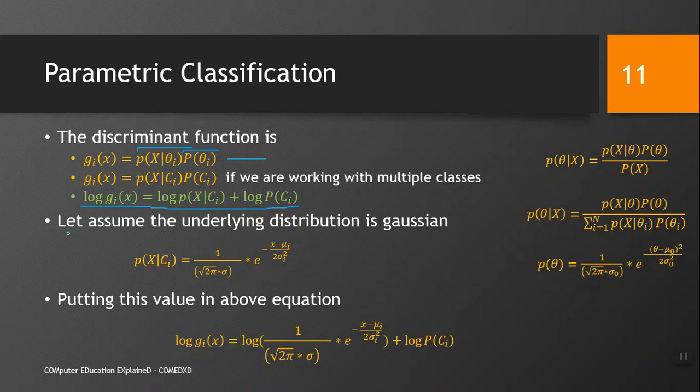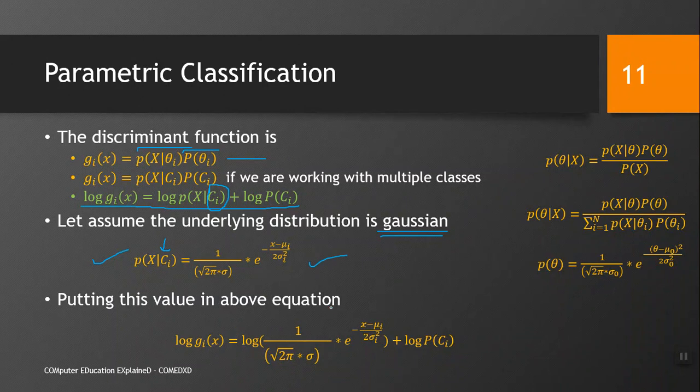Let's assume that the underlying distribution is Gaussian. Let's say that the distribution of classes is given in the form of a Gaussian. They are taken from a normal distribution, and the formula of the likelihood of a normal distribution is given like this. If we are given Ci, the class, the normal distribution is given like this.